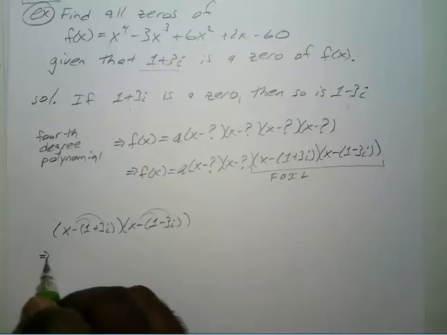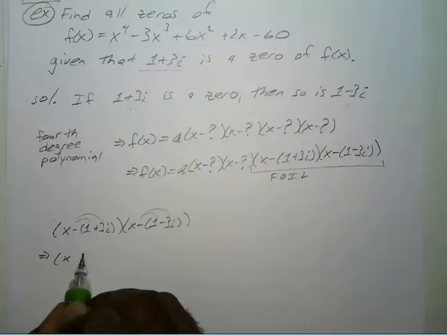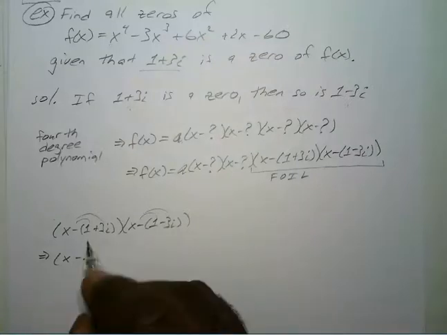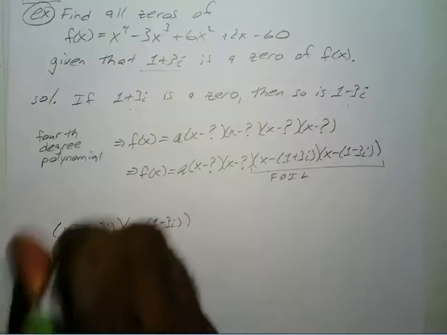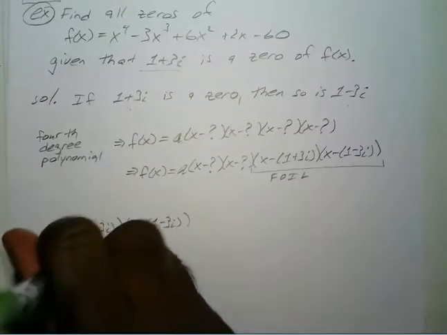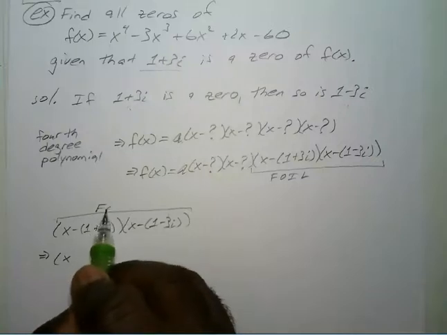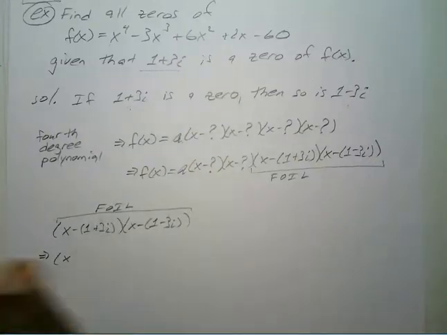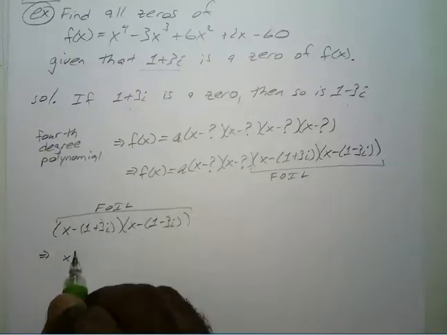Okay, so that gives us x minus 1. Well, actually, that might be a little more work, so I'll hold off on doing it that way. I'll just go ahead and FOIL it like this. I'm trying to think of the easiest way to do it for you. So if we go ahead and FOIL it like this, we have x squared.